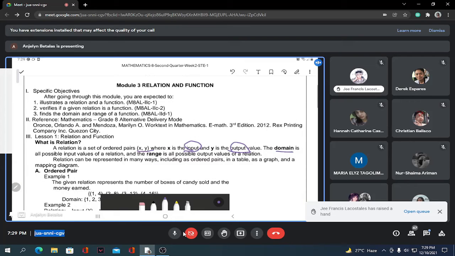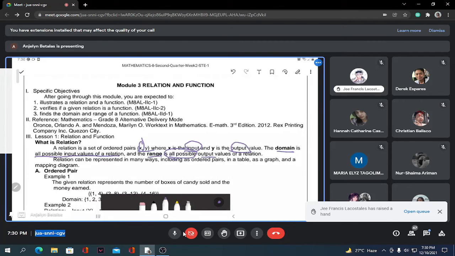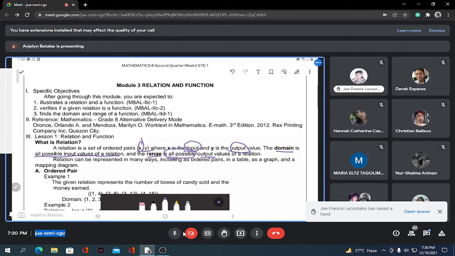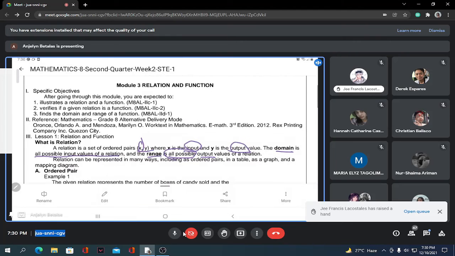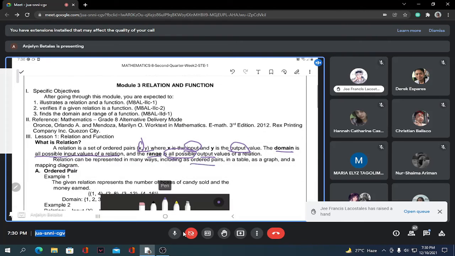The domain is the set of all input values, all the x. The range is the set of all possible output values, all the y. A relation can be represented as ordered pairs, a table, a graph, and a mapping diagram.